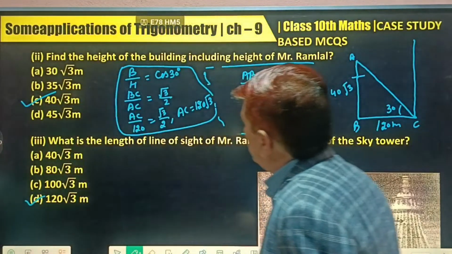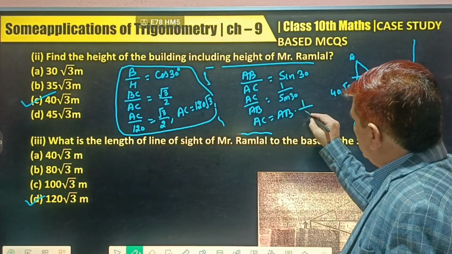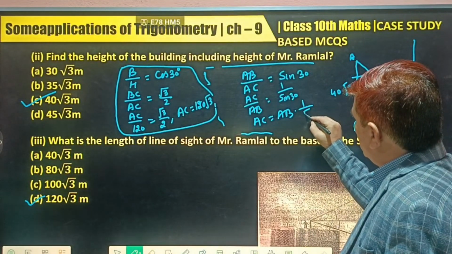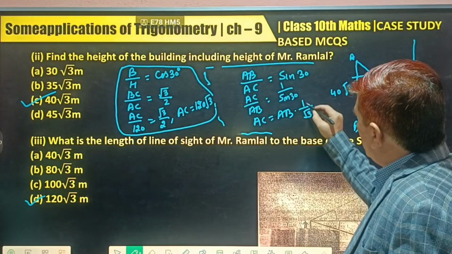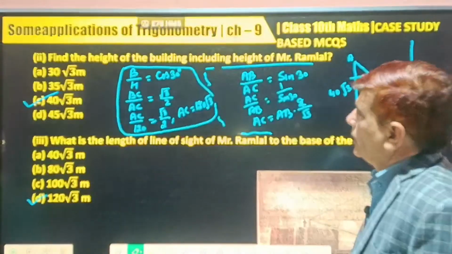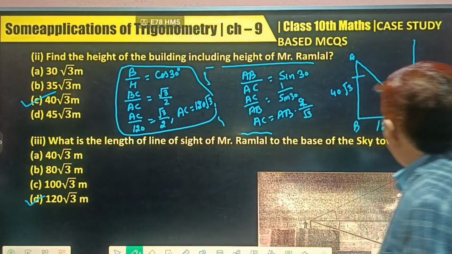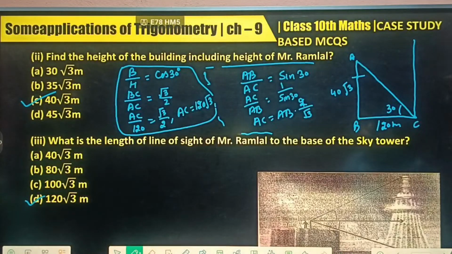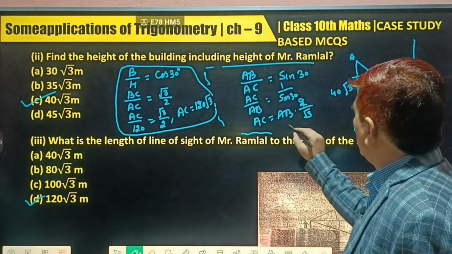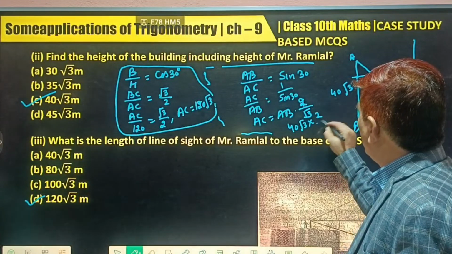Sine 30 is 1 by 2, so the 2 is going here. So what's your AC? AC is equal to 40 under root 3 into 2 by under root 3.